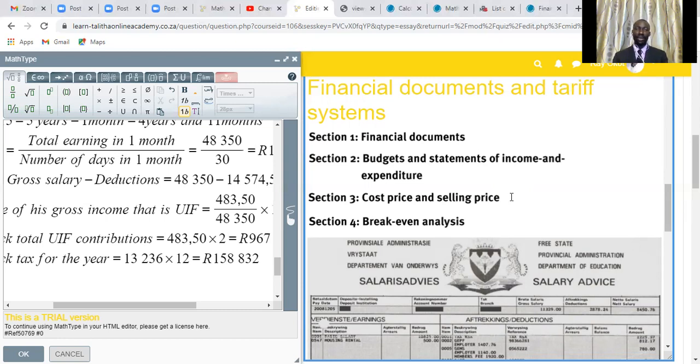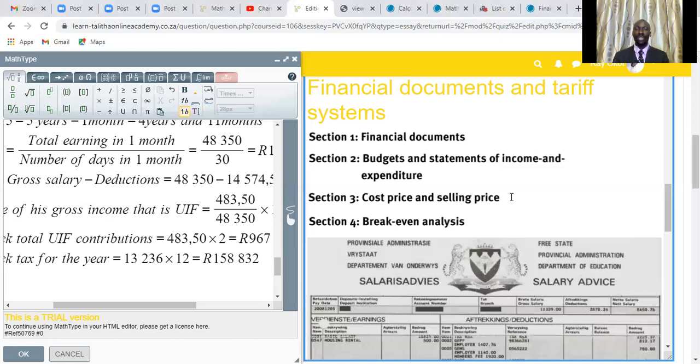That is where the element of cost and selling price comes in. And also we will be looking at break-even analysis. Break-even analysis is the time in the life of a business when the cost incurred is equally balanced by the income generated by the product sold by the business.